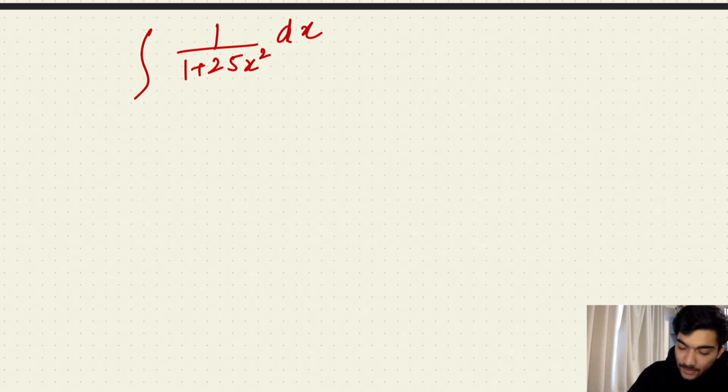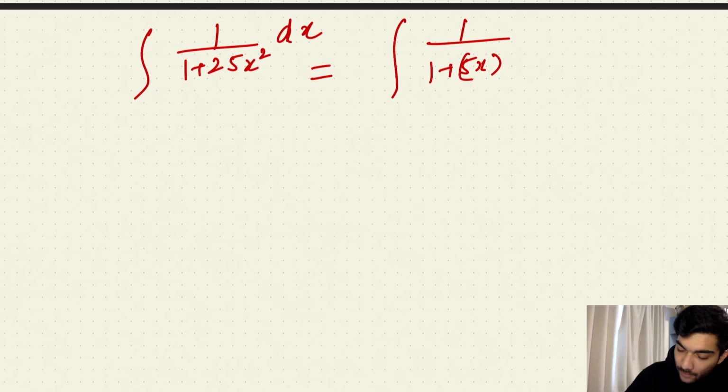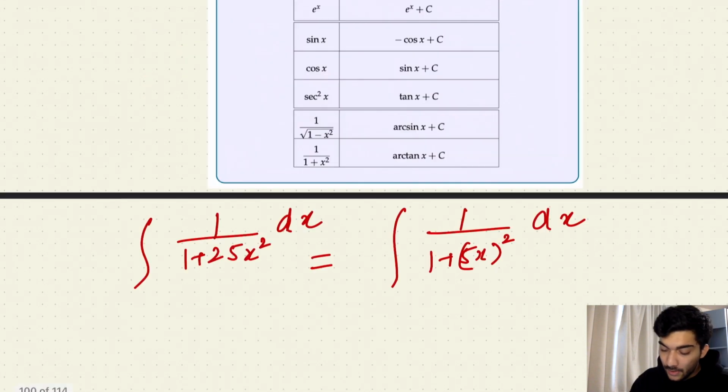And we can easily see in this question that I can write 25x square as 5x to the whole square, such that it would resemble something like 1 upon 1 plus something square. So we can write this as 1 upon 1 plus 5x to the whole square, and dx again. Now we have a similar looking expression like this. Instead of x in this case, we have 5x over here, and we'll adjust the constant afterwards when we calculate the final answer, right?